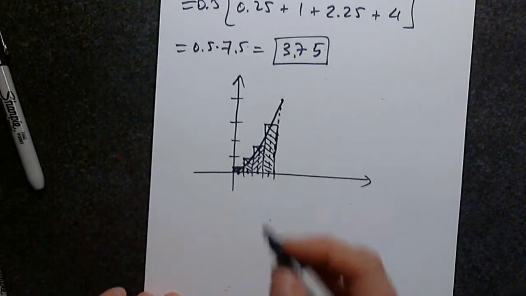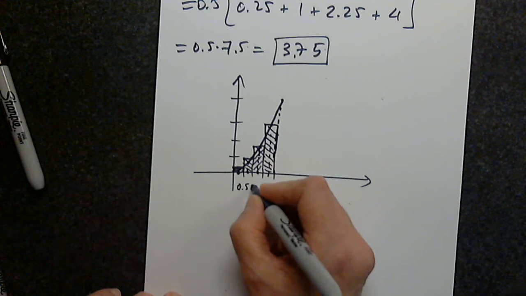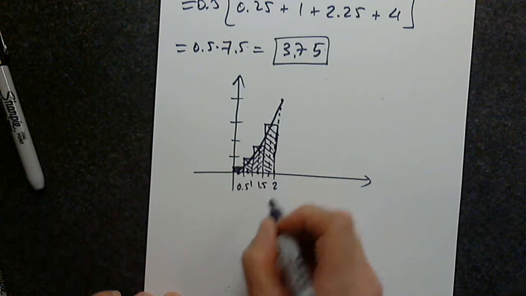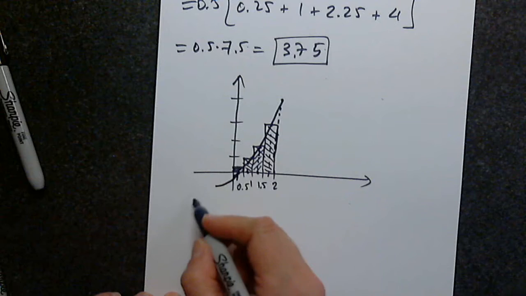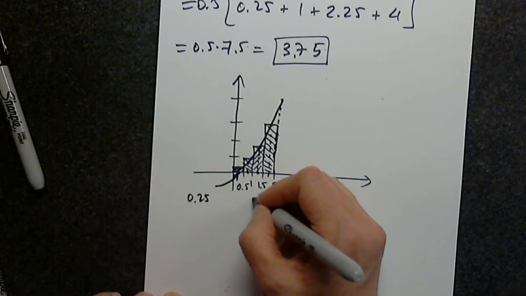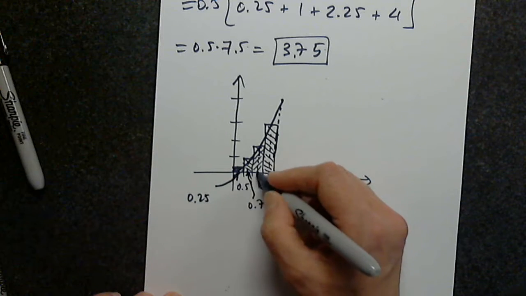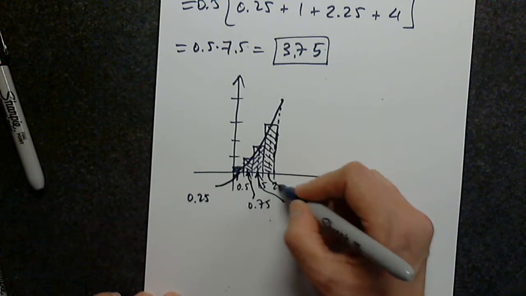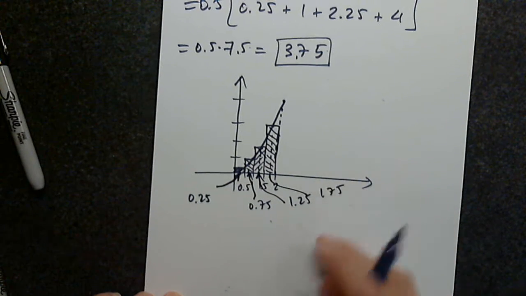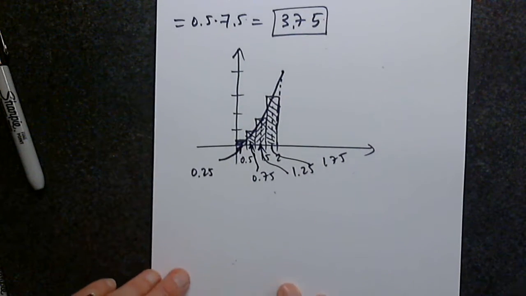So remember this is 0.5 and 1 and 1.5 and 2, but now this is 0.25, this is 0.75, this is 1.25, and this is 1.75. Those are the midpoints.